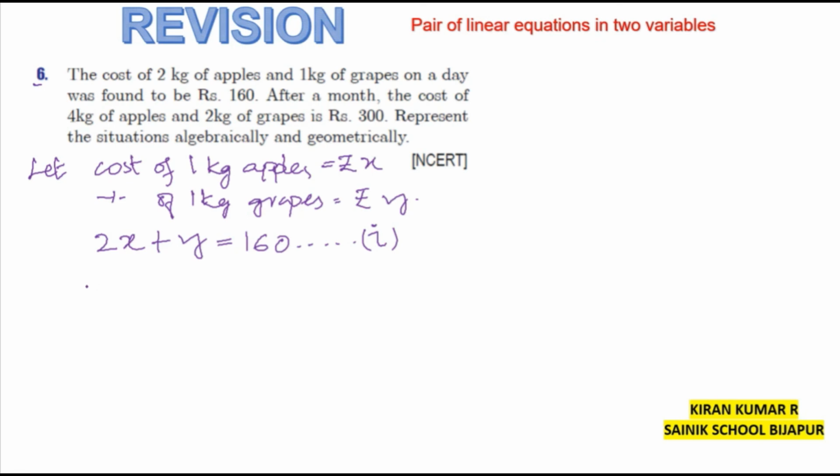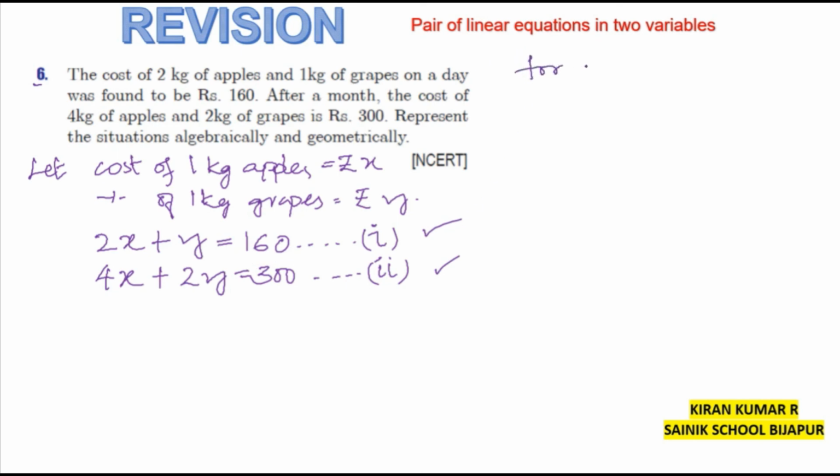After a month, the cost of 4 kg of apples and 2 kg of grapes is rupees 300. So 4 kg apples is 4x plus 2 kg grapes is 2y and the cost is 300. This is our equation 2. So algebraically I have represented the two equations. Now we have to get the graph for these two equations.